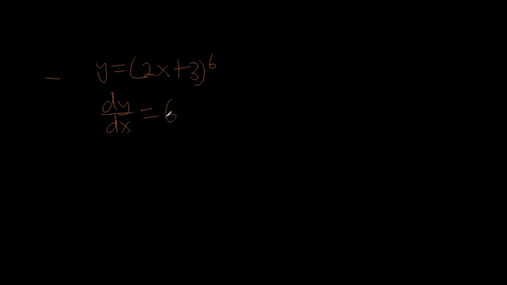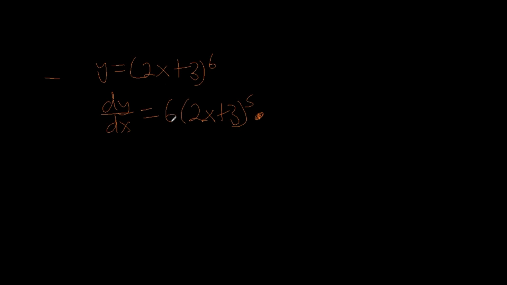We're going to drop down the power, and then decrease the power by 1, but then we are going to multiply this answer. Remember, this big blob that I'm putting here just means multiply. I don't want to put an x because some of you confuse it with the x that I'm using inside here. So anyways, the same technique applies. We drop down the power and then we decrease it by 1.